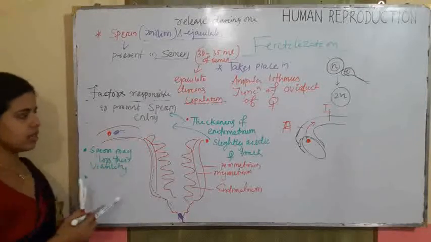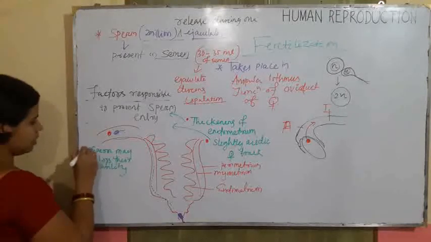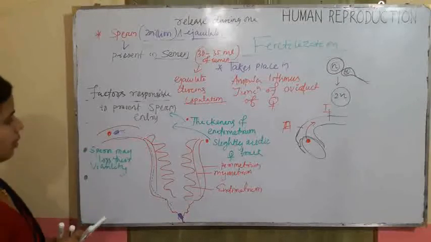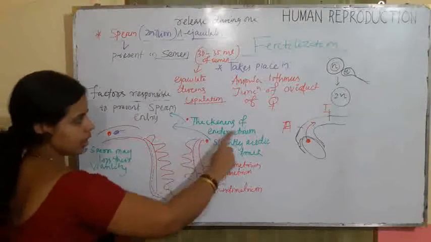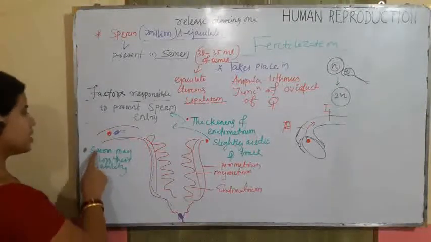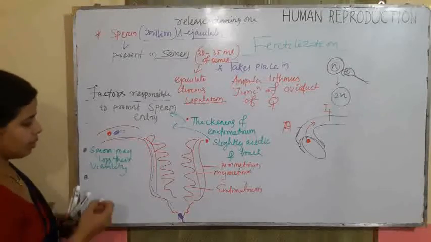And the next reason, what can we say here? The first one is the thickening of endometrium, slightly acidic female tract, sperms may lose their viability, and what is another?